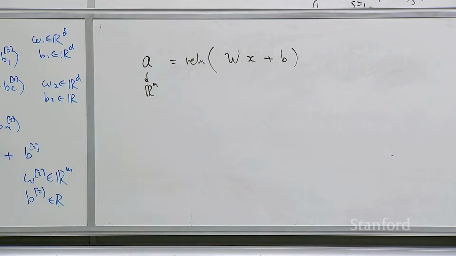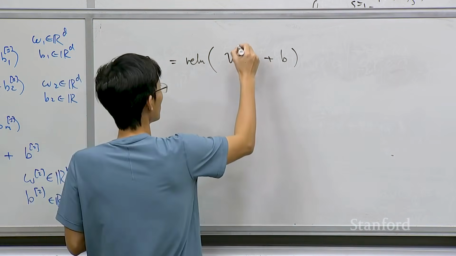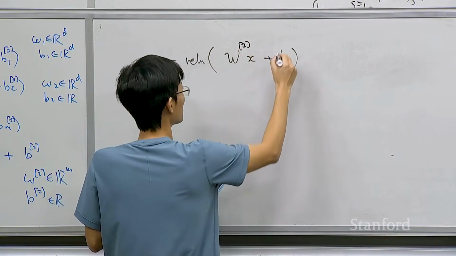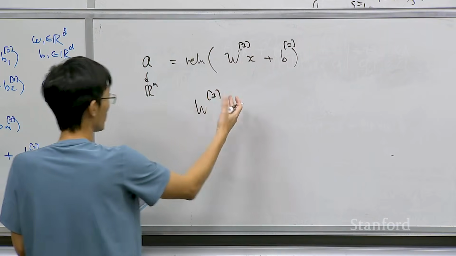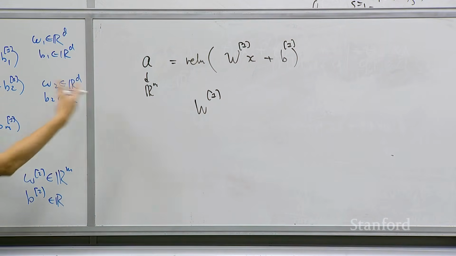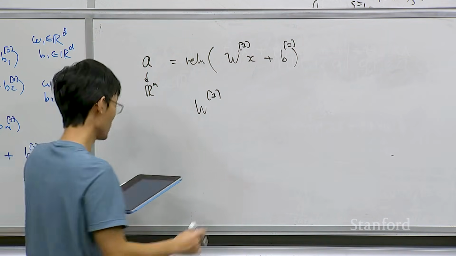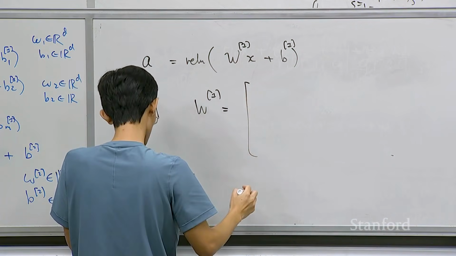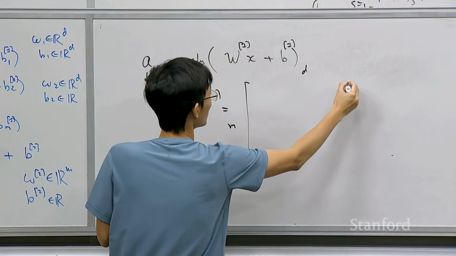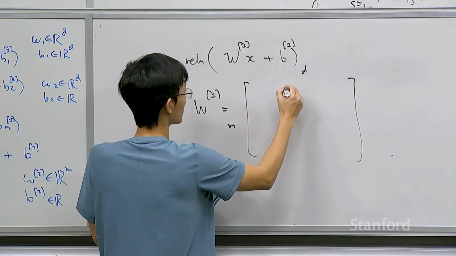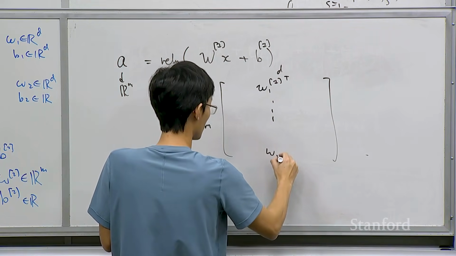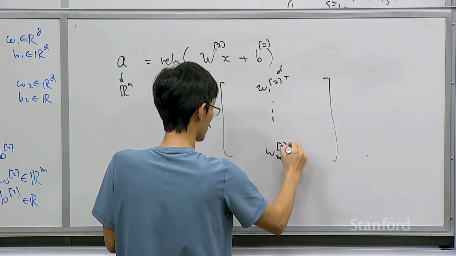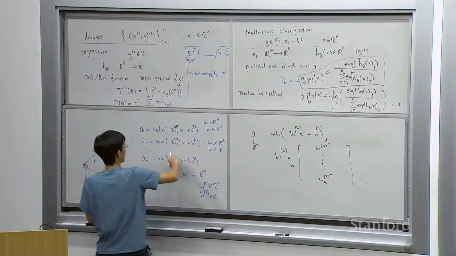And here, W and b are a little bit different. I need to write W^[1] and b^[1]. So this is a matrix, W^[1]. If you want to understand the correspondence between this notation and that notation, W^[1] is a matrix of dimension m by d, and each row is w_1^[1] transpose up to w_m^[1] transpose.